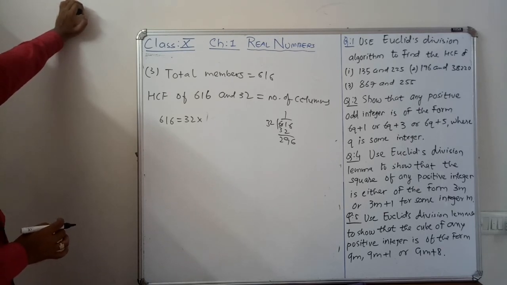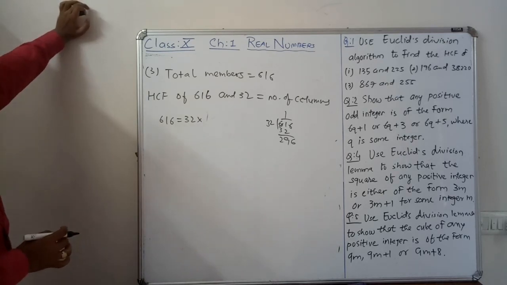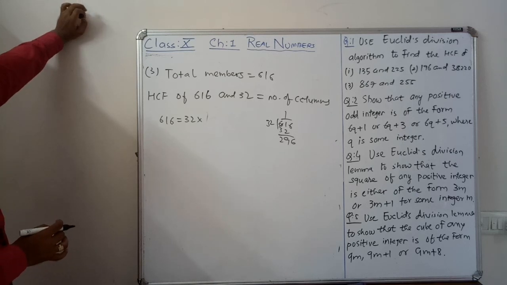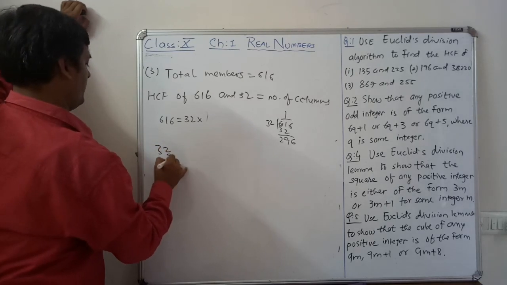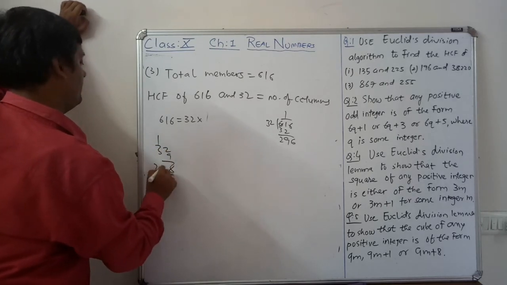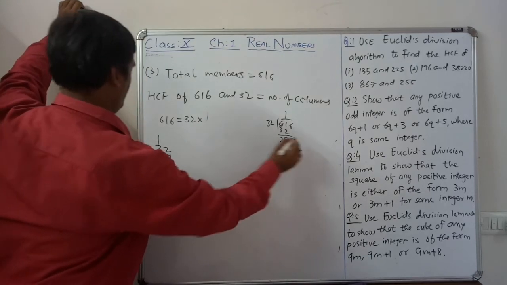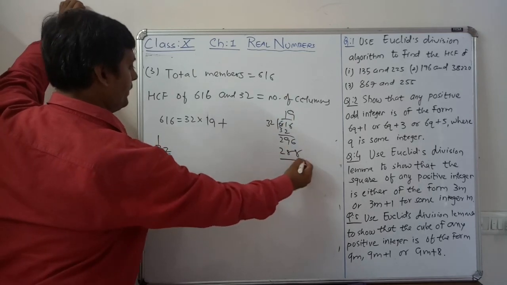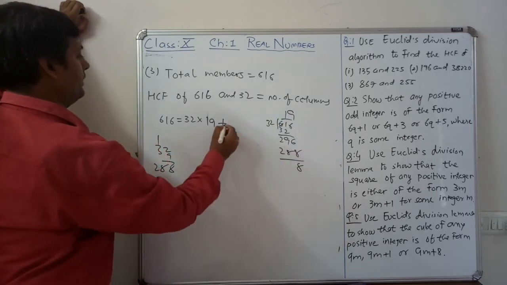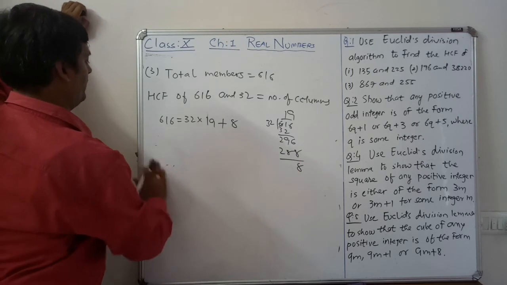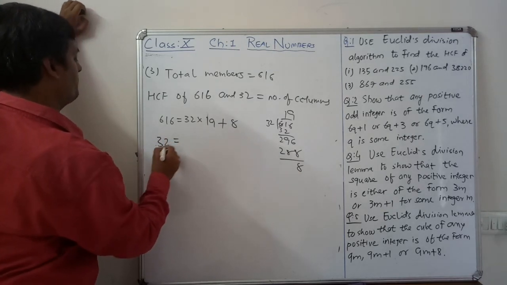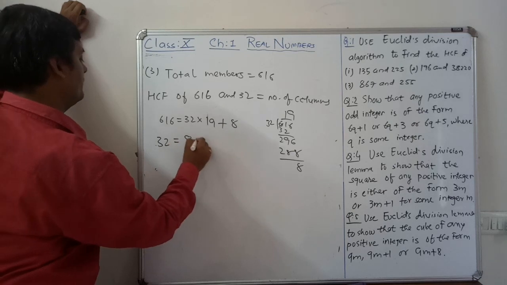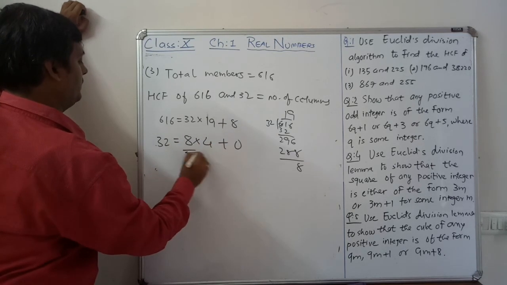So the first is 616 and 32, we have the first target. Let's do it by 9s. 32 nines are 288. So 616 minus 288 is 328. Let's continue until the remainder is 8. So 32 becomes the dividend and 8 becomes the divisor, 4 times plus 0, right?